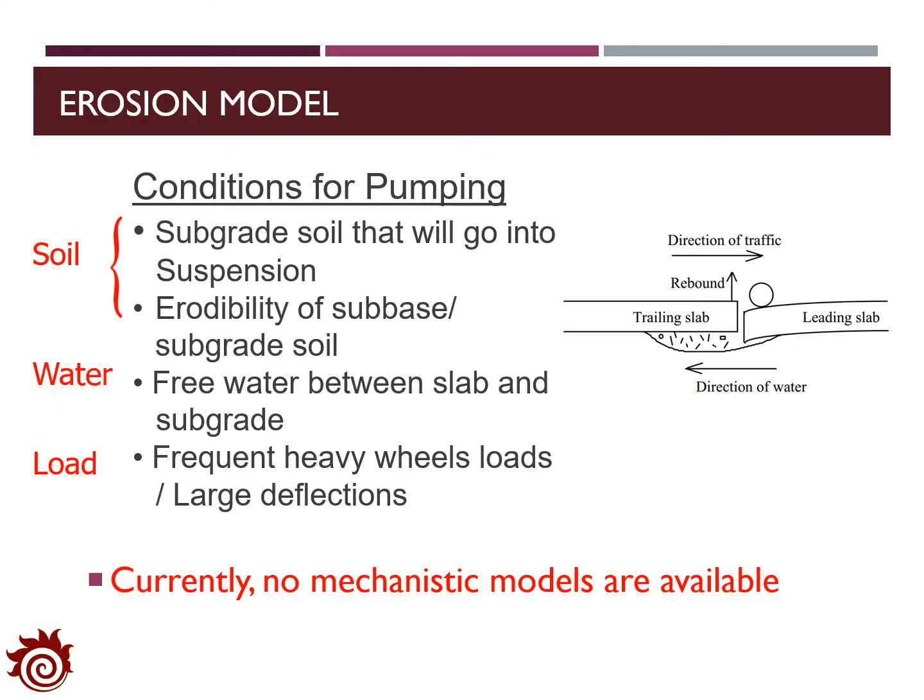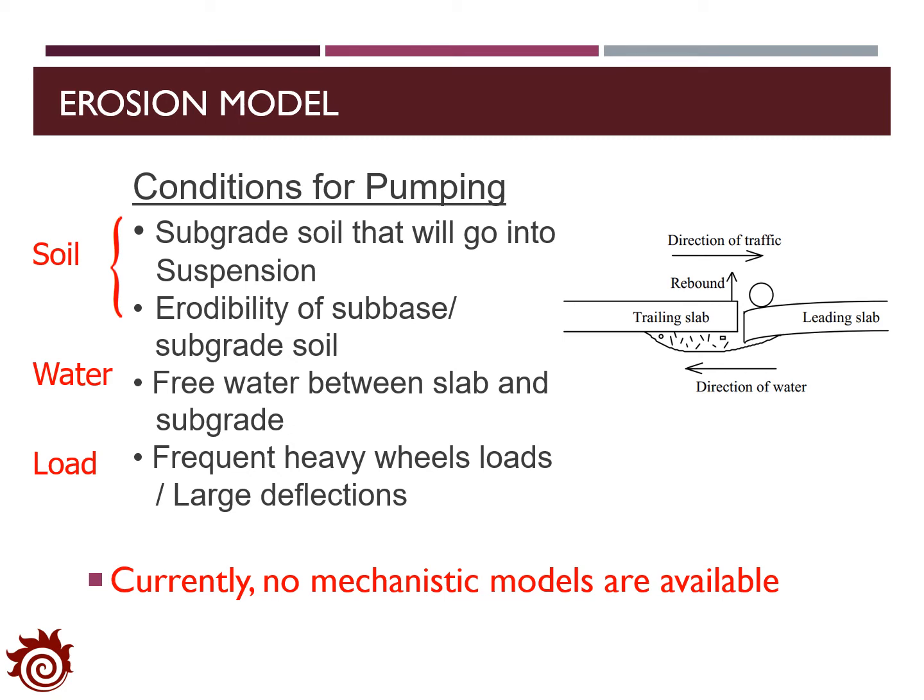Now let's introduce a model to describe the erosion criteria applied for the rigid pavement design. Actually, there are some necessary conditions for the generation of mud pumping, which is related to the erosion criteria. First, the subgrade soil should go into suspension, and there should be some erodibility for the subbase or subgrade soils.